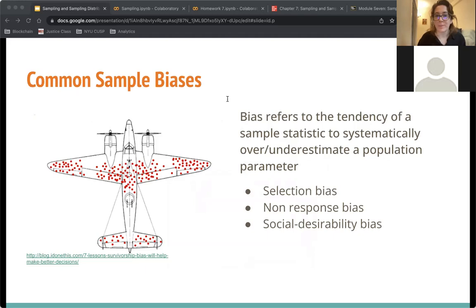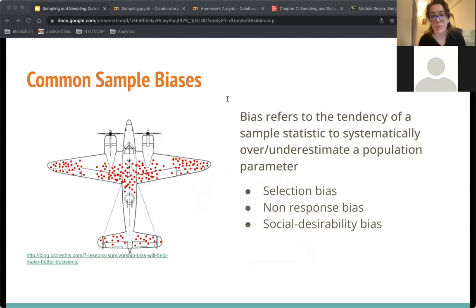And remember back to chapter 1, we briefly touched upon bias as we discussed survivorship bias. To recollect that example, it was an analysis done on planes that returned from World War II, trying to understand where the planes are most vulnerable.